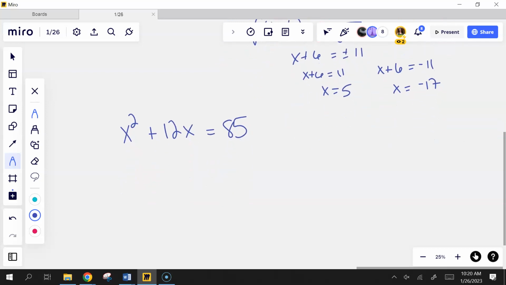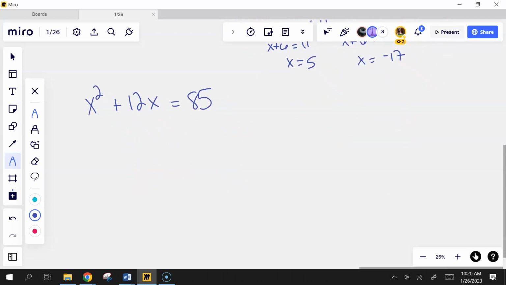Well, let's do it. What do I need to do first before I can use quadratic formula? It needs to equal 0. Standard form equal to 0. So I get x squared plus 12x minus 85 equals 0. What's A?